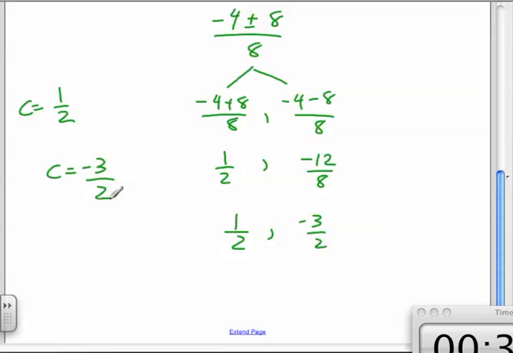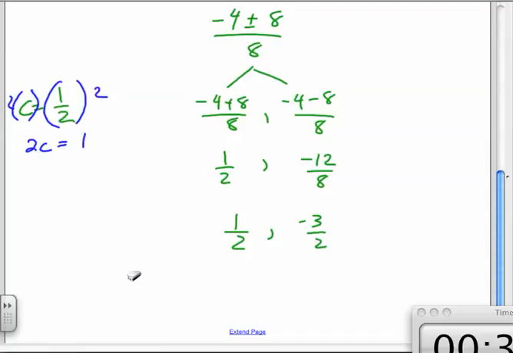Okay, so I'm going to multiply the top one. I'm going to multiply both sides by 2, and I'm going to get 2c is equal to 1. Then I'm going to subtract 1 from both sides and get 2c minus 1 is equal to 0. That's one of our factors.